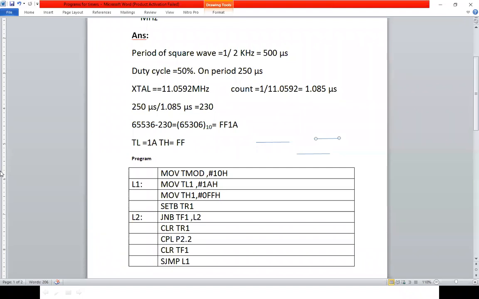Tell me, what is the value of TL and TH when I give a frequency of 1 kilohertz?